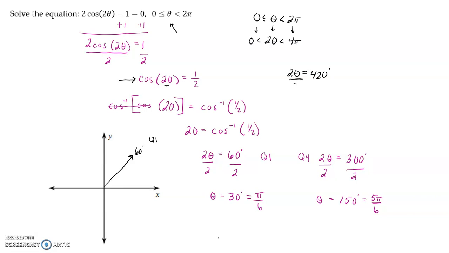So now I can go ahead and divide both sides here by 2. This is going to give me theta equals 210 degrees. And this is the same thing as 7 pi over 6.